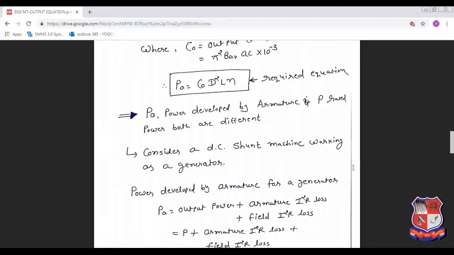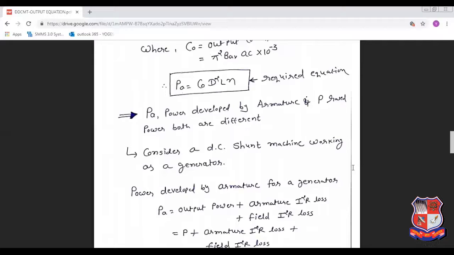The main dimensions of a DC machine are D, the armature diameter, and L, the axial length of the core. C0 is found by selecting the appropriate values of specific electric loading and specific magnetic loading.